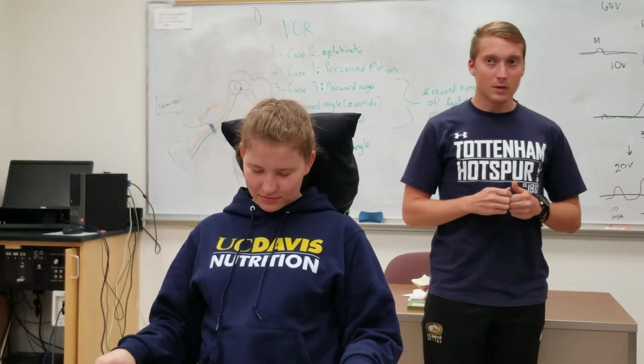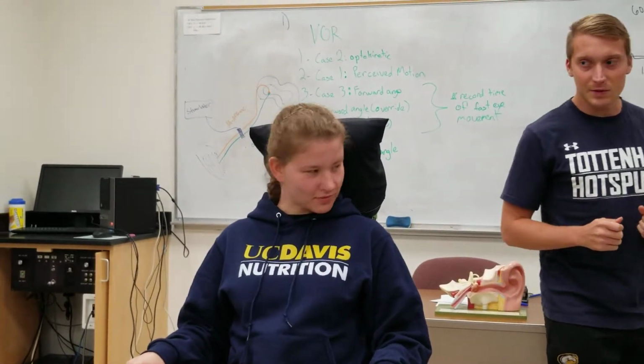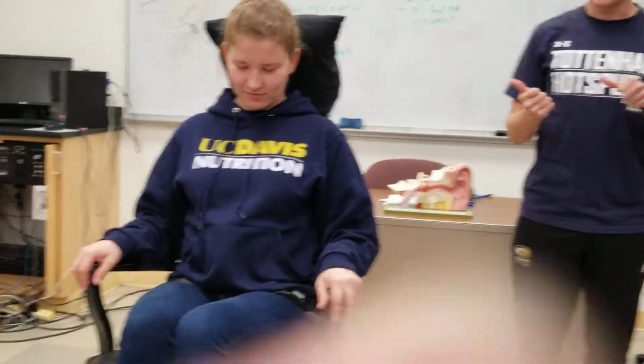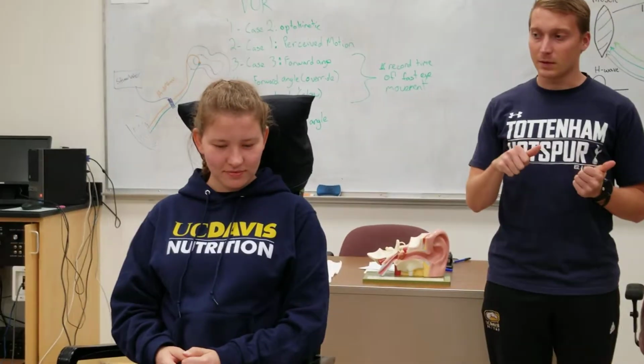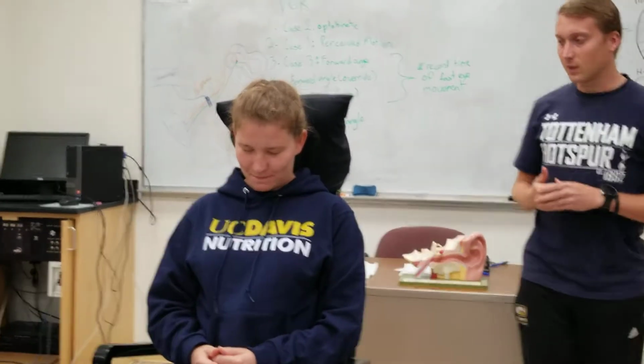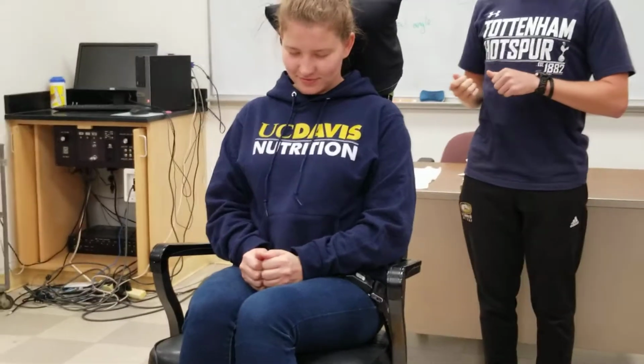So Alina, if you think you're spinning to the right, you move your thumbs to the right. If you think you're stopped or not spinning, keep them up. And if you think you're going to the left, put them to the left. And then we need a couple people to time the duration of each direction that she thinks she's spinning.